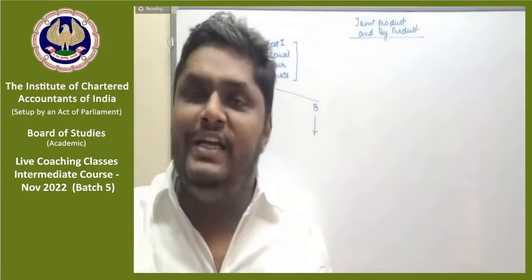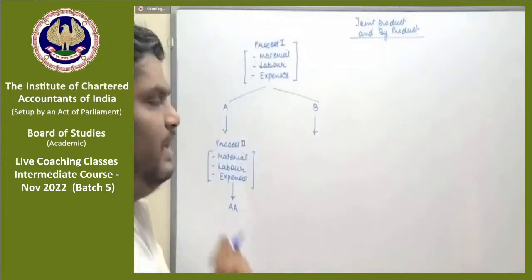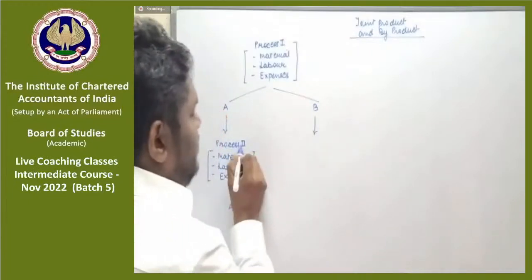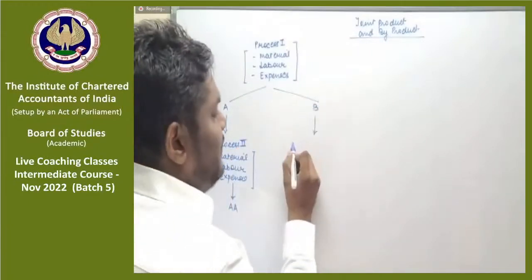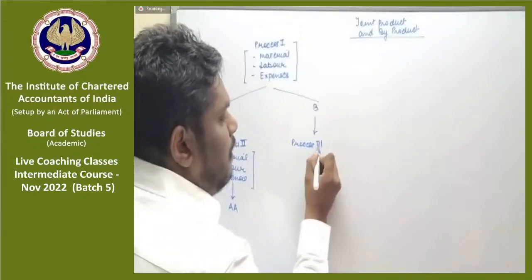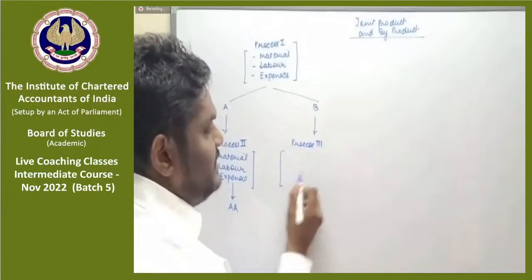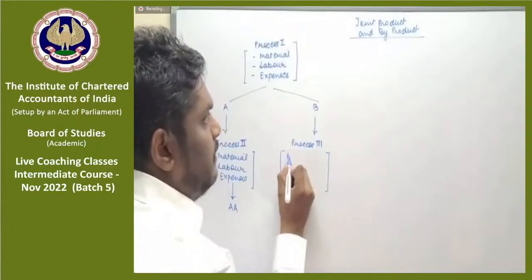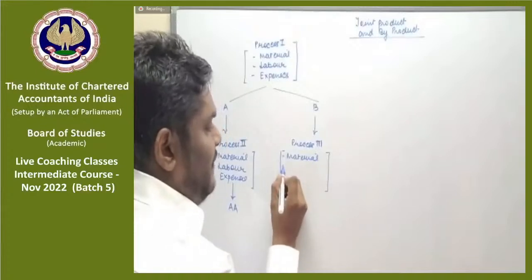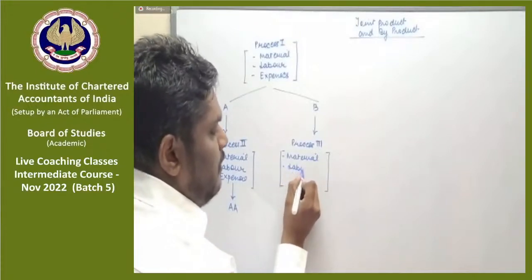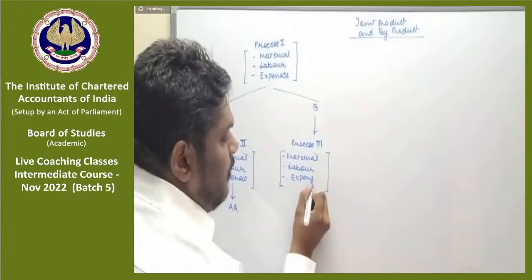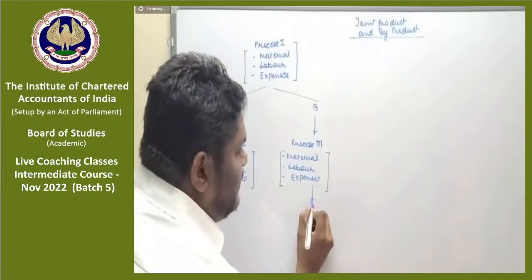So our ultimate motto is to manufacture AA. Similarly, that product B is further processed in process third, wherein separate material cost is incurred, separate labor cost is incurred, further other expenses are incurred to get our final product, that is BB.